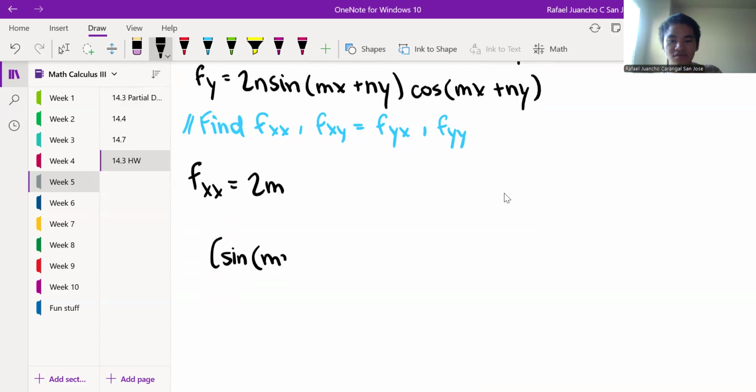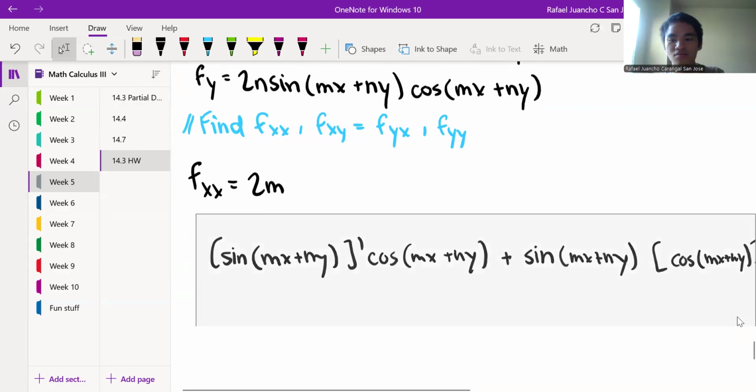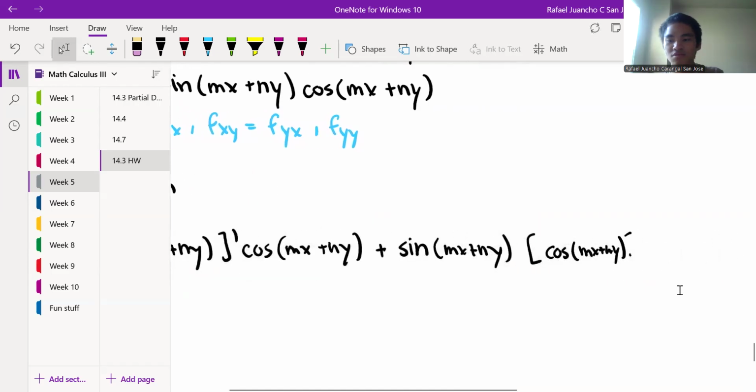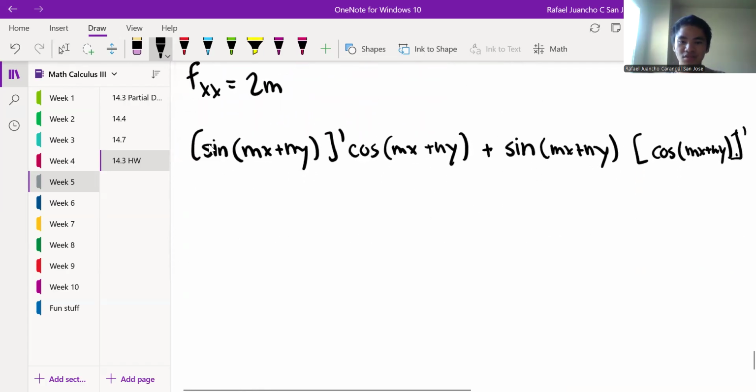I take the derivative of this, and then I leave my cosine. Then I do another one of these, and I take the derivative of my cosine. Where was it? Oh, I lost it. There we go.